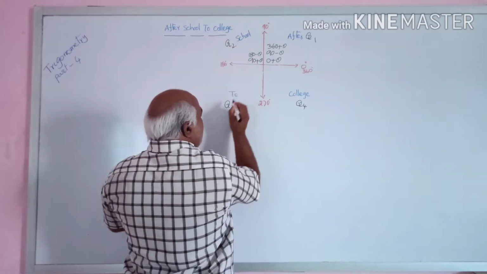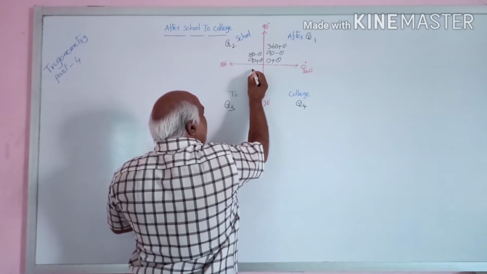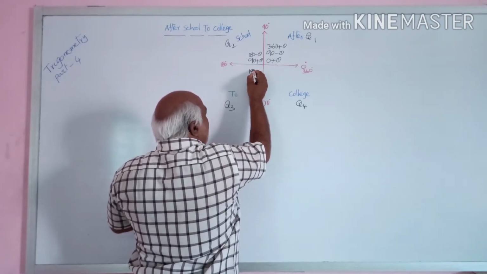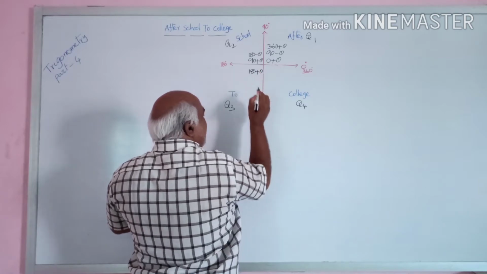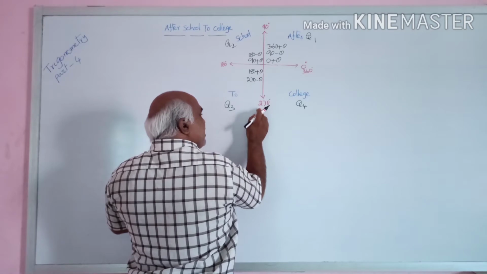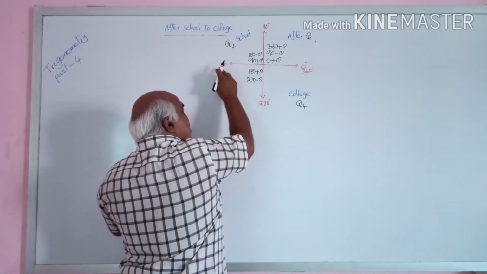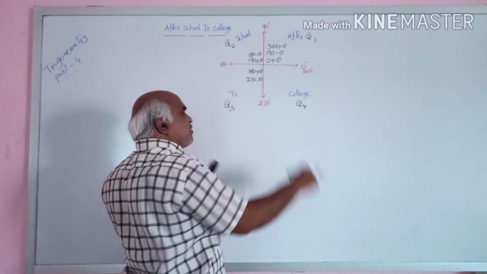Okay. Next, come to the third quadrant. You can add something to 180: 180 plus theta. Next, 270 minus theta. Are you clear? 270 minus something is third quadrant, and 180 plus something is third quadrant.